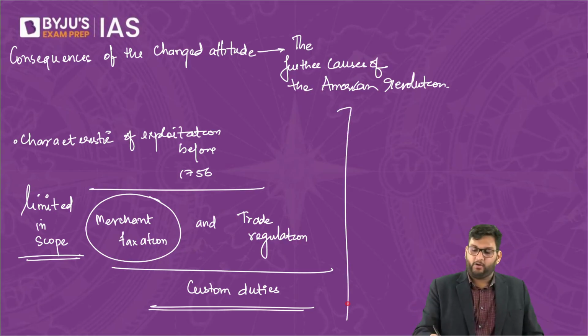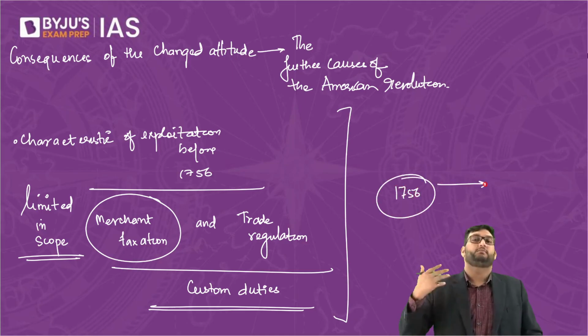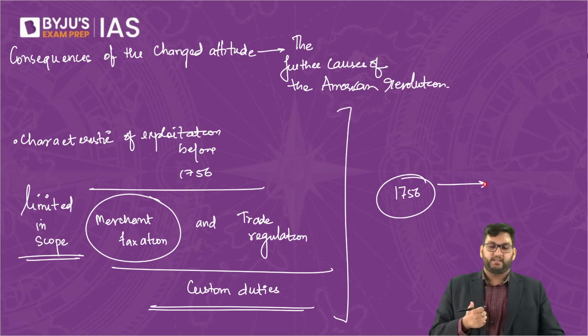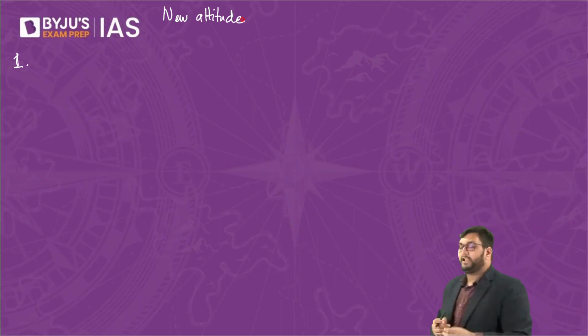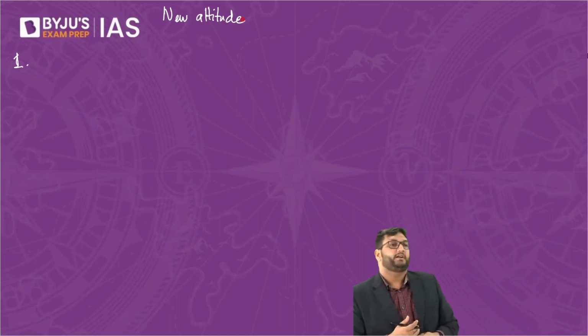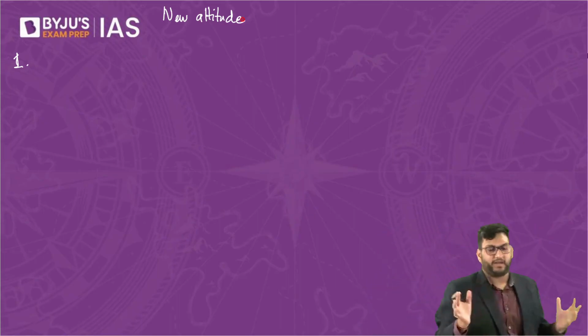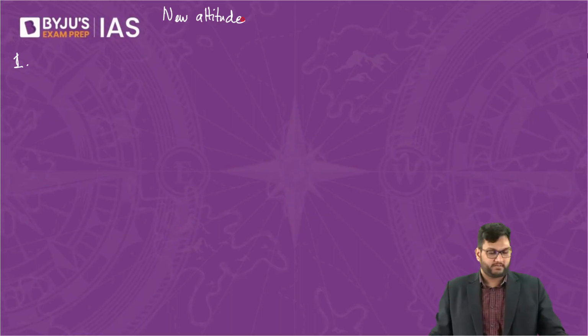But now from 1756, the British want more. And the first manifestation of this new attitude comes even before the war ends, and they're called writ of assistance. Again, don't have to remember it, but writ of assistance is that, see, if you remember, there were two clauses.